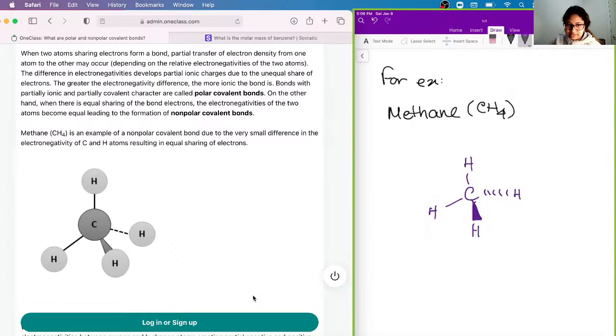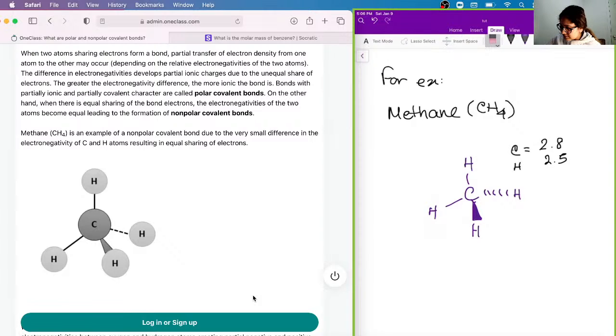The electronegativity of carbon, I think, was 2.8, and hydrogen was 2.5-ish.